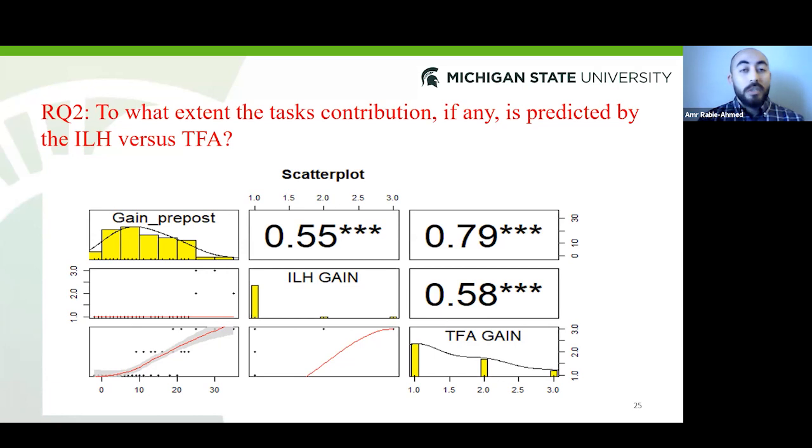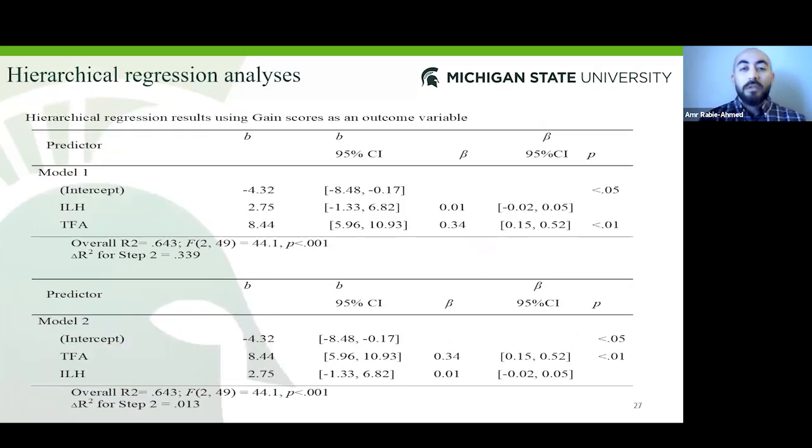So we conducted a hierarchical regression analysis with two models. In the first one, we entered the ILH first, and then the TFA, and in the second one, we entered the TFA first and the ILH second.